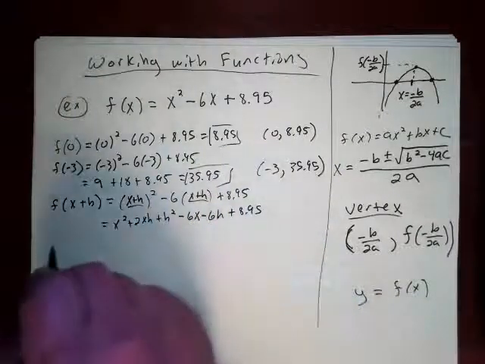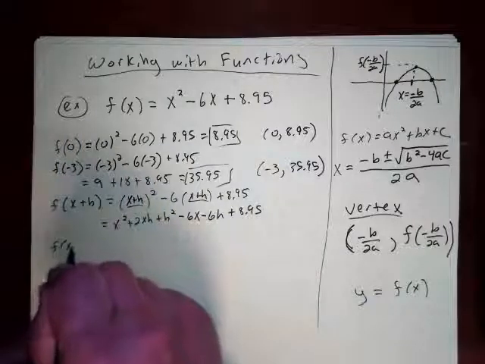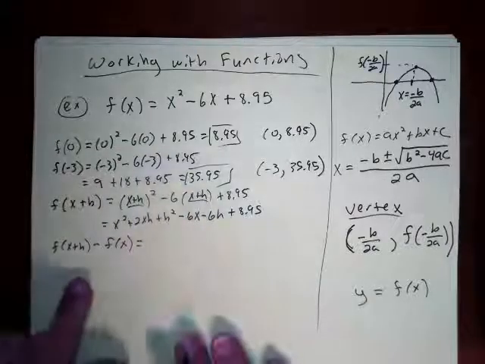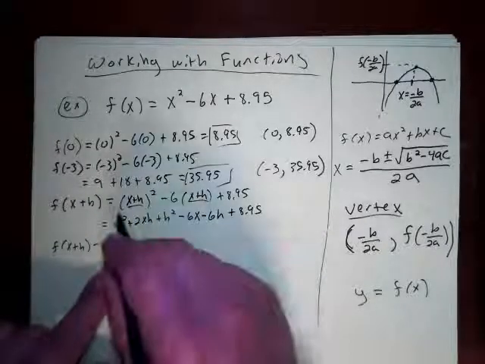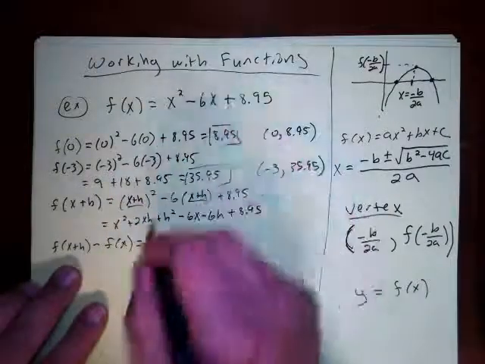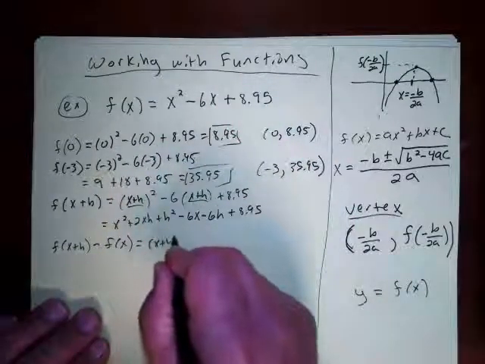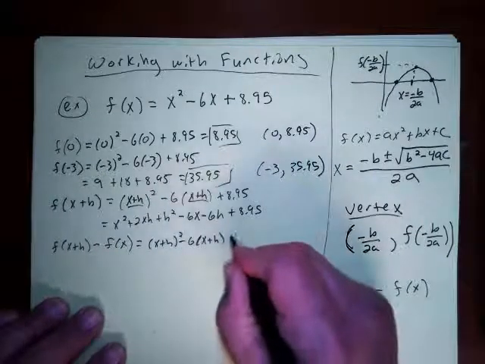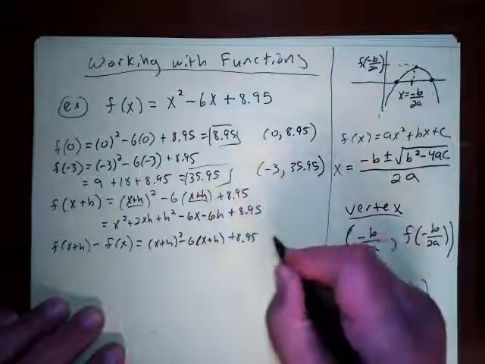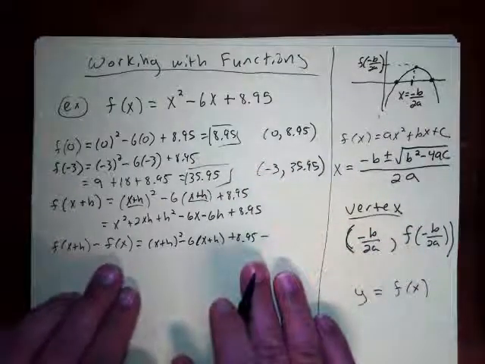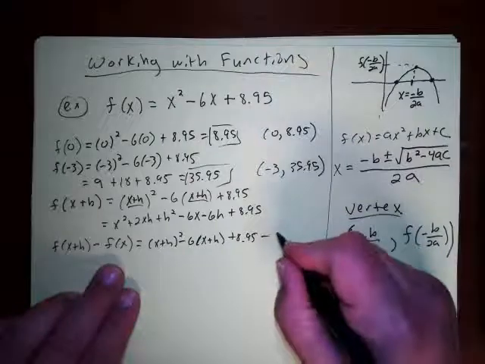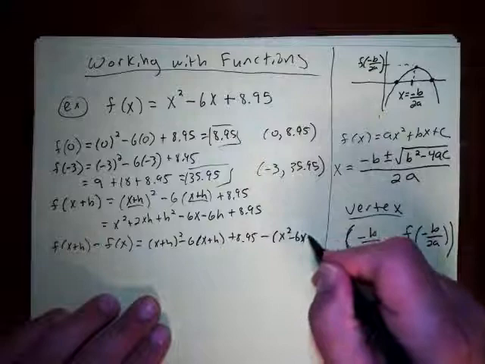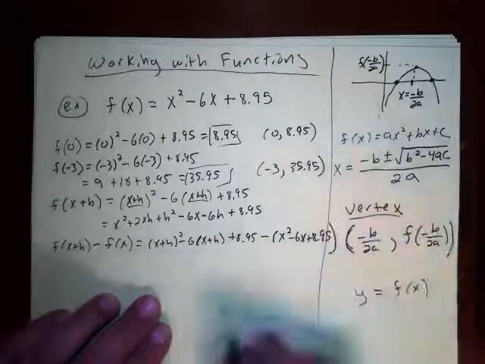Okay? And here's an interesting thing. Let's say I do f of x plus h minus f of x. What this is saying is that I'm putting x plus h into the equation. And then I'm going to subtract f of x, and f of x is just the equation, so x squared minus 6x plus 8.95.